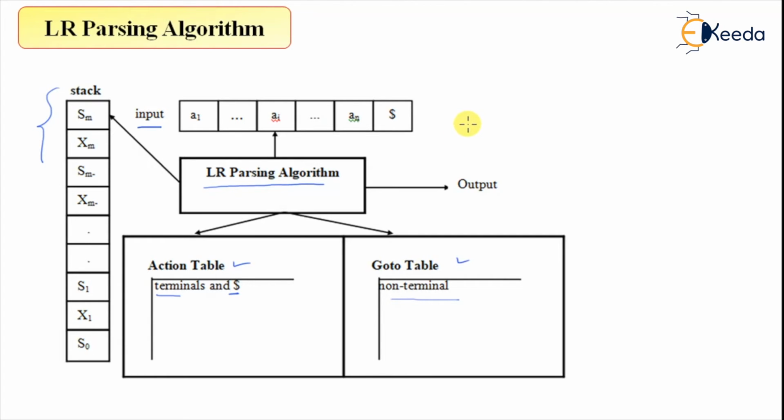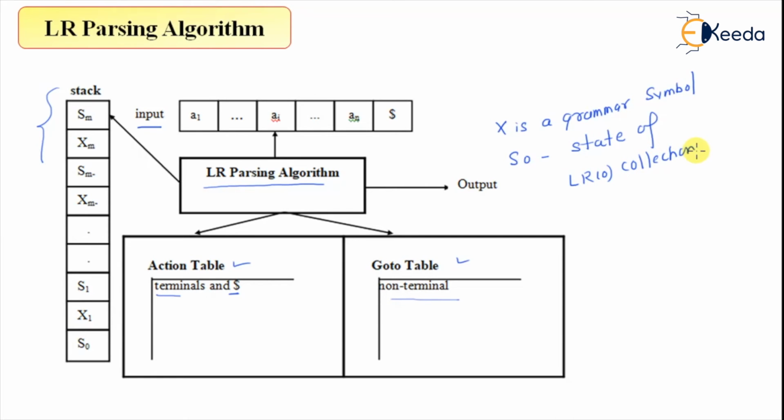Now here X is a grammar symbol, so it can be a terminal or a non-terminal, it can be anything. But S0 is nothing but the state. State of what? State of the LR(0) collection.